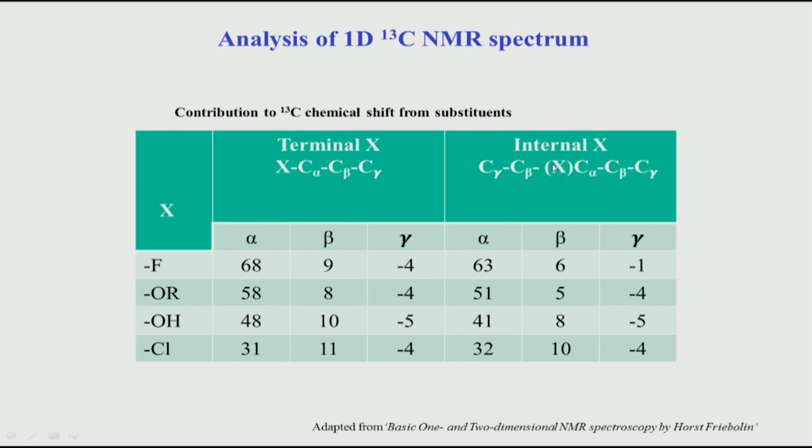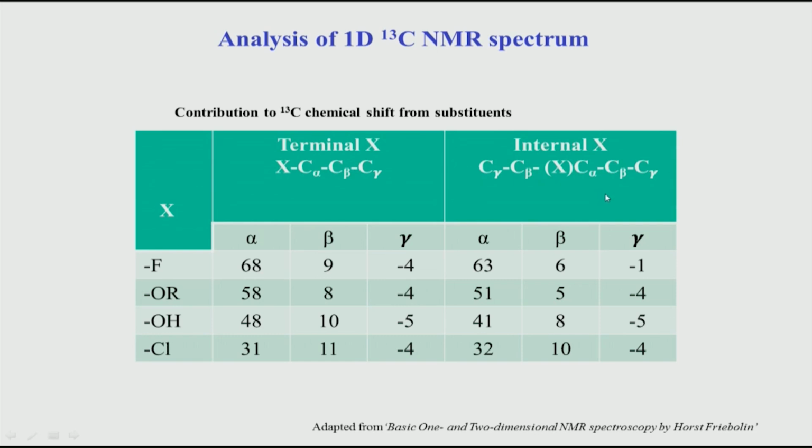Similarly, you may have a functional group in the middle of the molecule, not at the terminus. In case it is in the center or somewhere in the middle, based on the position you then add these values. For example, let us say you have a branched system and there is a fluorine here. What is the effect of that fluorine on C beta?